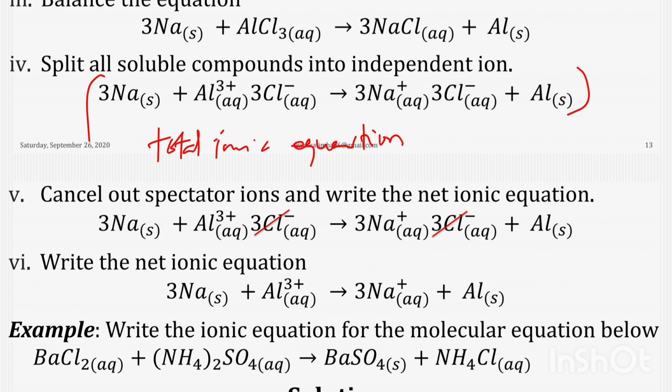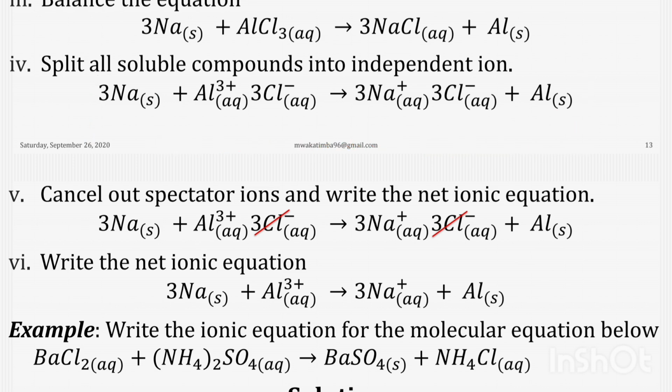The total ionic equation means that it comprises the spectator ions and the other species, maybe the solid, liquid, or whatever. So it means that all the charged ions without cancellation and the other species like solid, liquid, and gas that are shown in the chemical equation is what we call a total ionic equation.